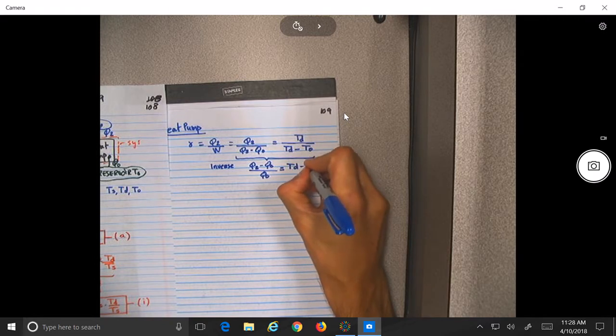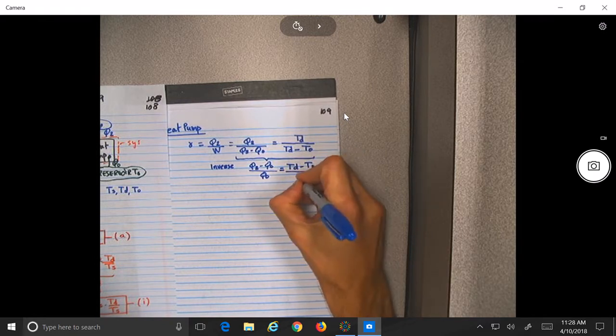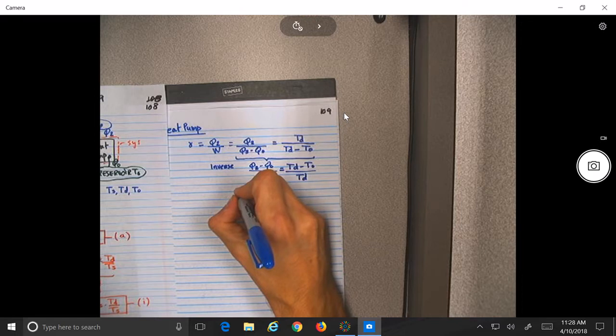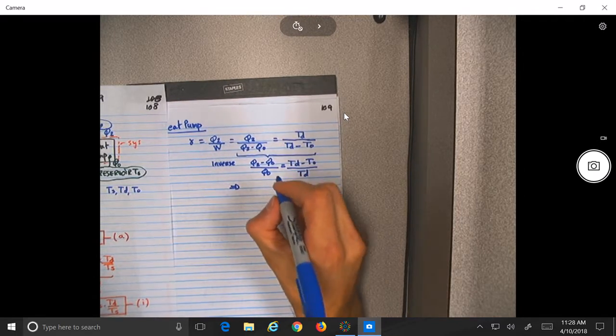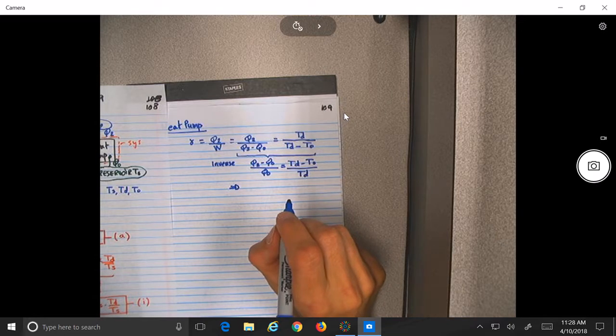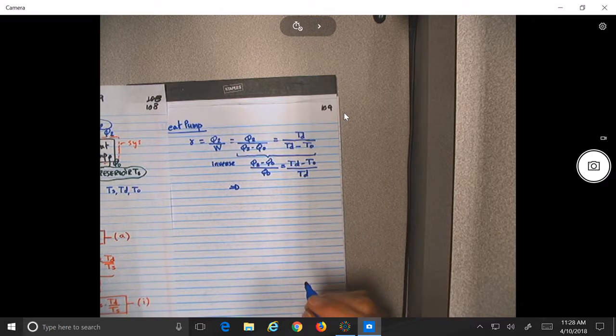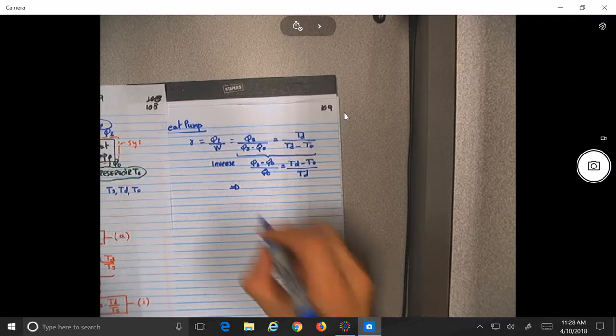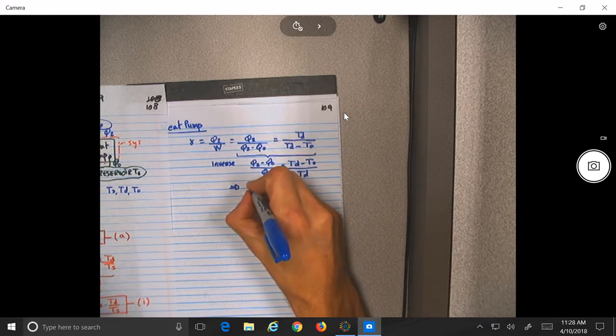TD minus T naught over T sub D. So this will be equal to what? Will be equal to Q2 over Q naught. Alright, so it will be equal to Q2.